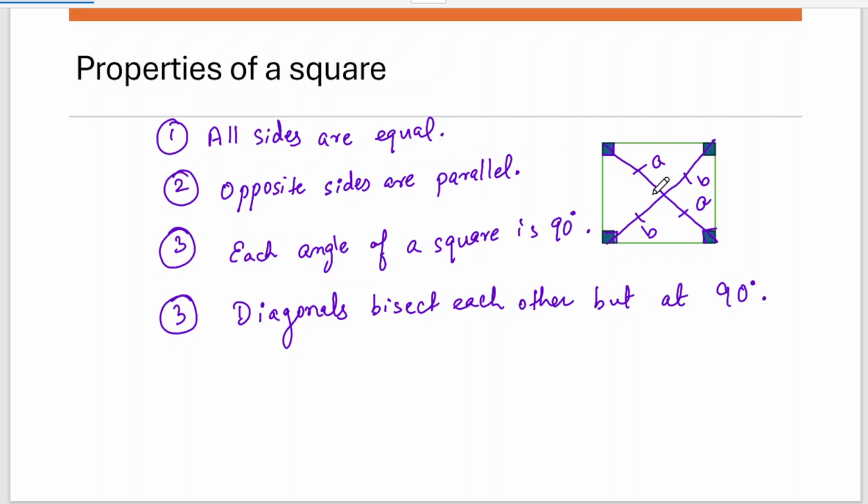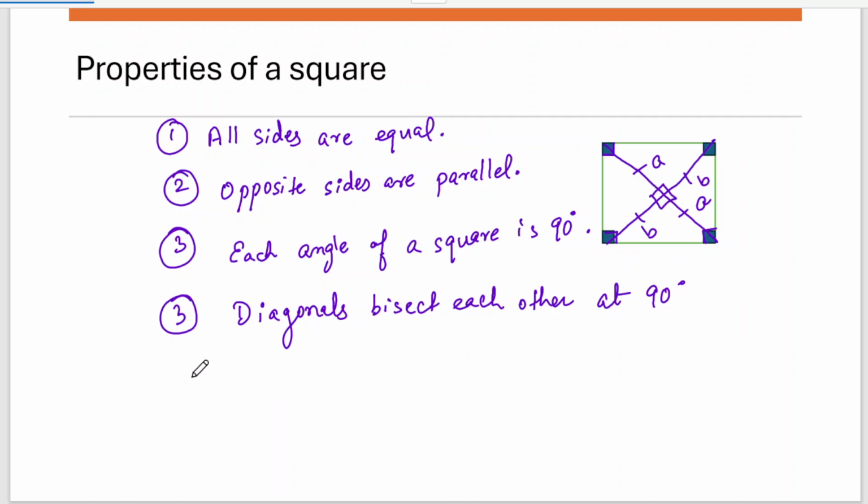So that means diagonals are bisecting each other at 90 degrees. That means diagonals bisect each other at 90 degrees.